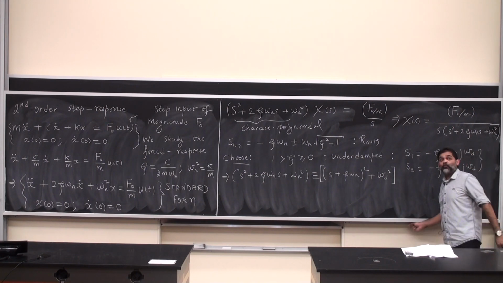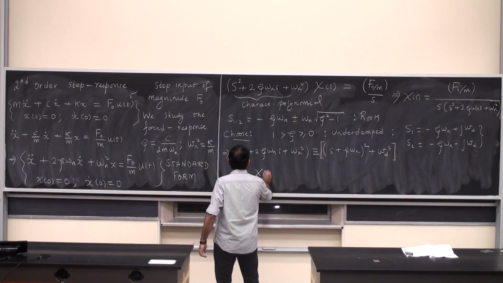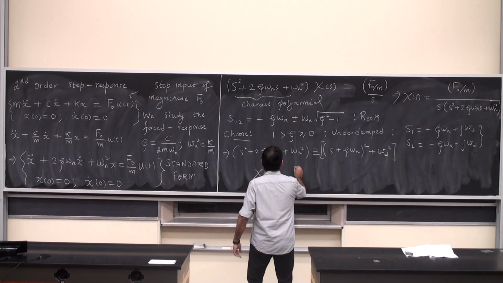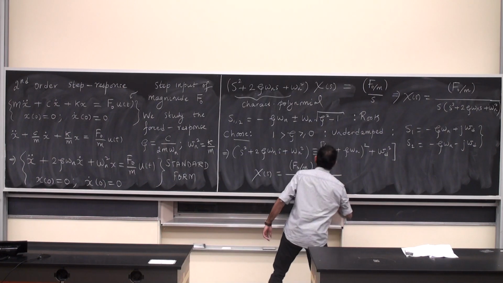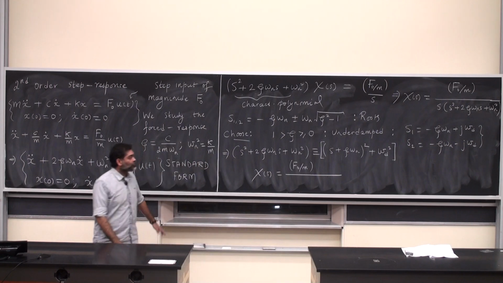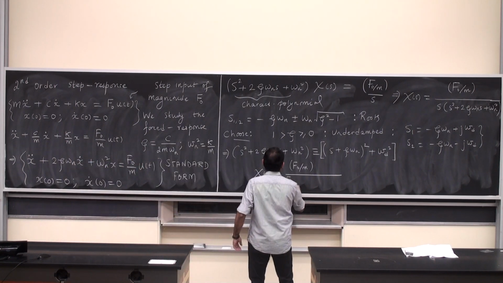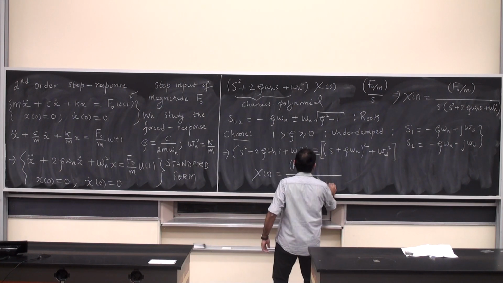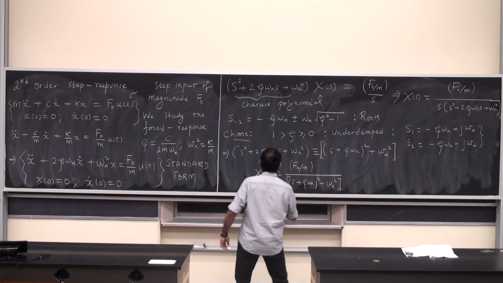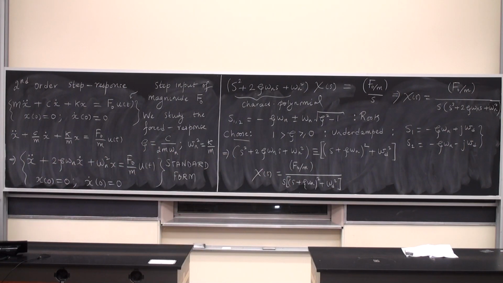And with that said, I go back to my x of s and I say, okay, x of s is f naught by m, all of this good stuff in the denominator. Do not forget the factor of s, because that is where the step response comes into play.